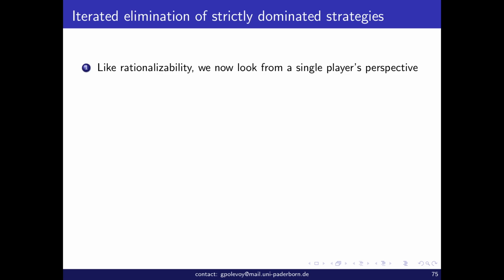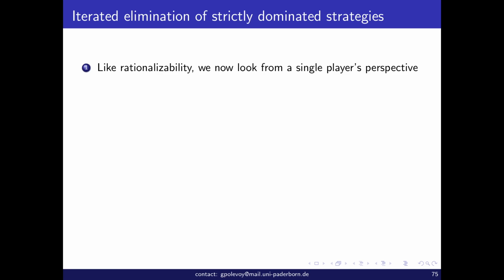Okay, let's look from a single player's perspective. Not like we look at the case of a Nash equilibrium, which profiles are together stable in the sense that nobody can improve what they have if the others keep doing what they used to do.